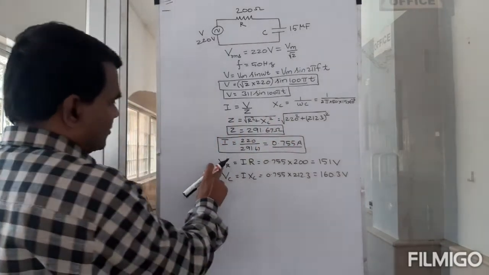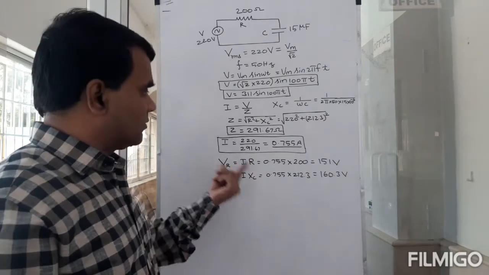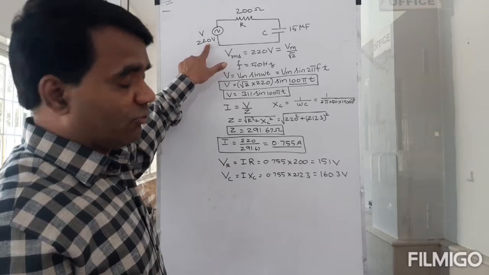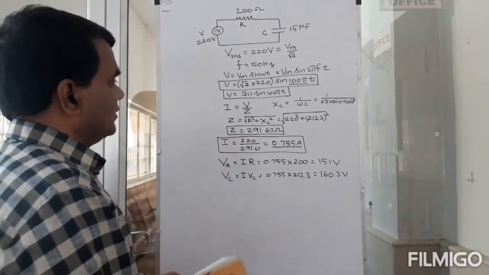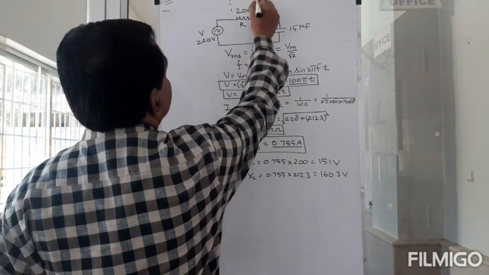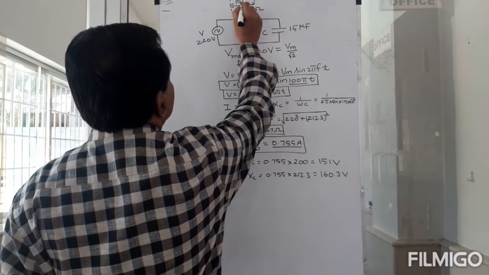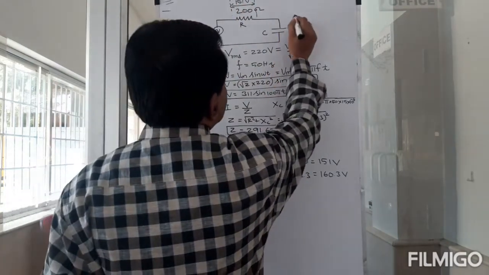So these are RMS volts. 220 is the input RMS voltage, but you see VR is 151 volts and VC is 160 volts.